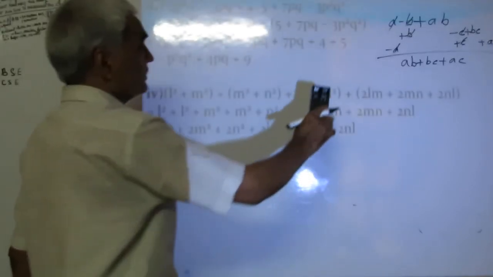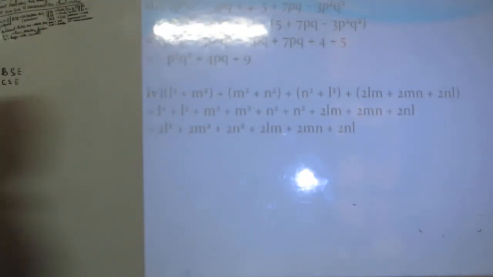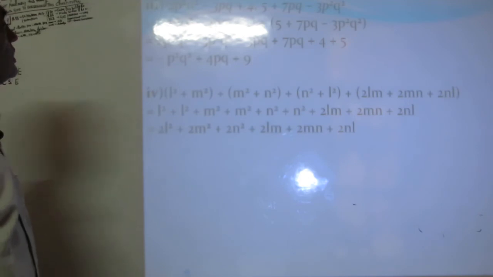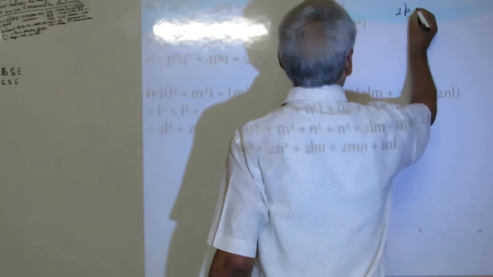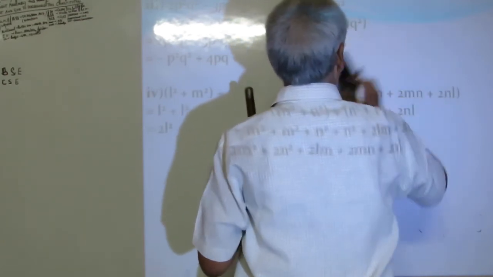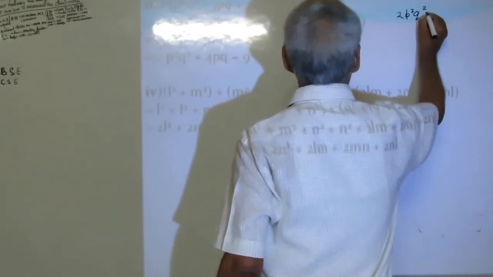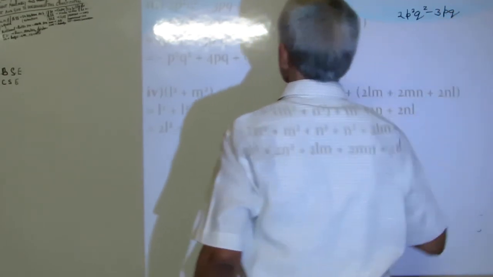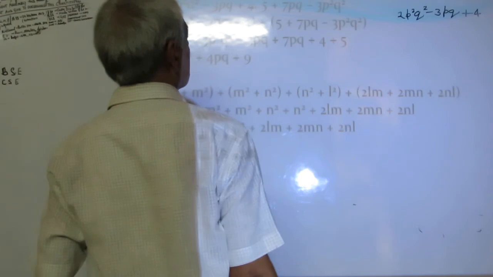Now the third part of this question is, you are given three expressions: 2pq square minus 3pq plus 4, then 2p square q square minus 3pq plus 4, and the second term is plus 5.